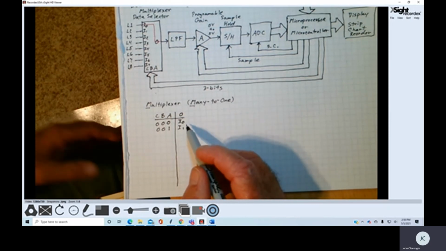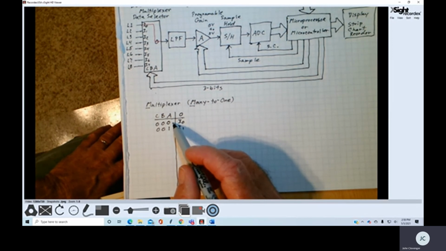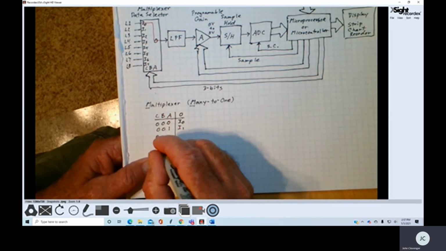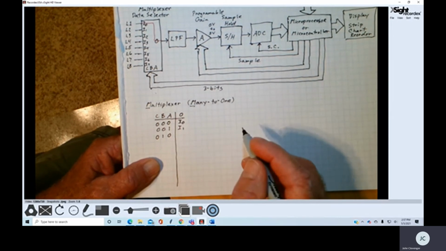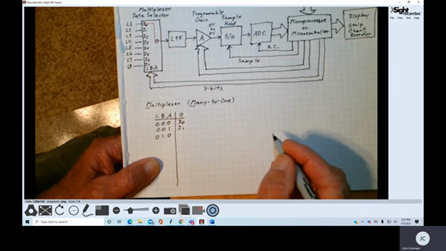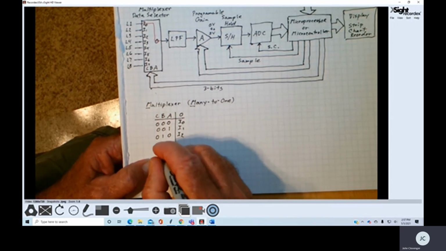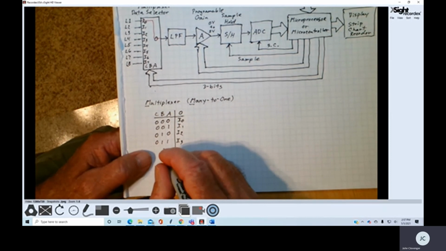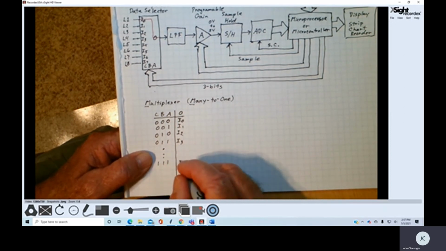You see why they label these input 0, input 1: this is the binary value of 0, and this is the binary value of 1. So for a CBA input of 0, 1, 1, which input would then be passed to the output? Well, 0, 1, 0 would be I2, and 0, 1, 1 would be I3, and so on and so forth, up to 1, 1, 1, which would be I7.